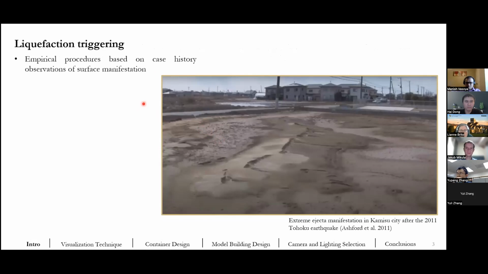Now, in empirical equations, one issue is that the line between triggering and surface manifestation is blurry. First, they use observations of manifestation, just like this picture, such as ejecta, to judge whether triggering has occurred in individual layers.